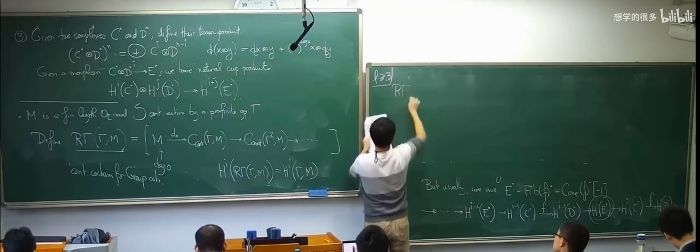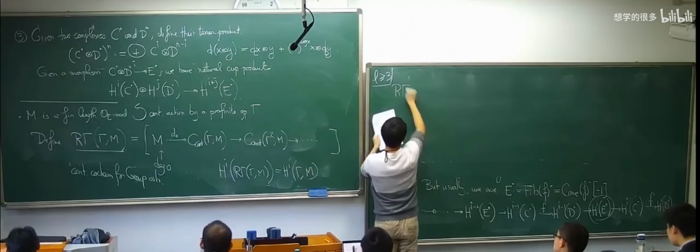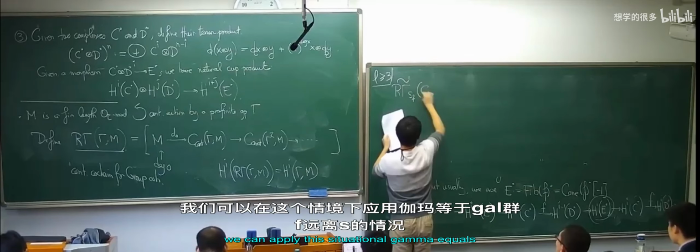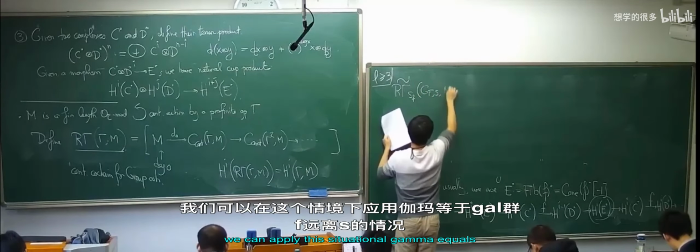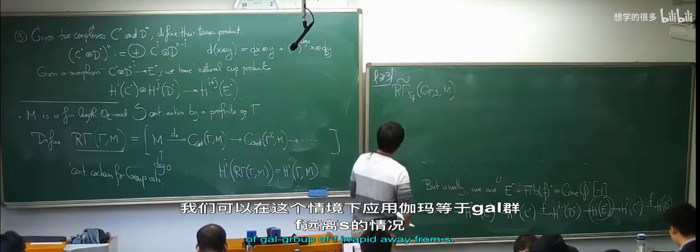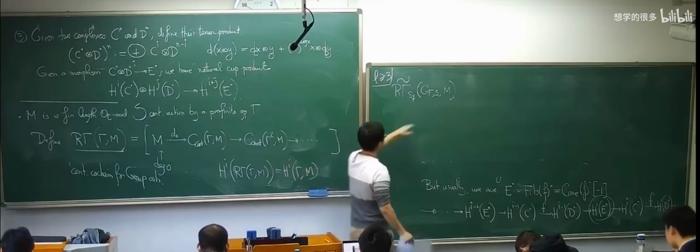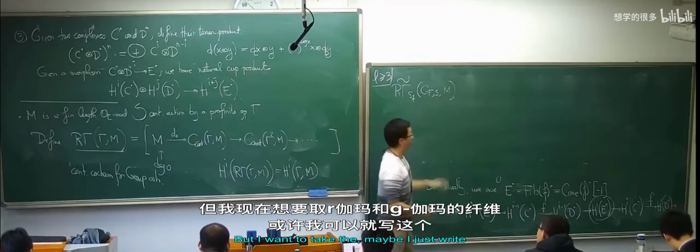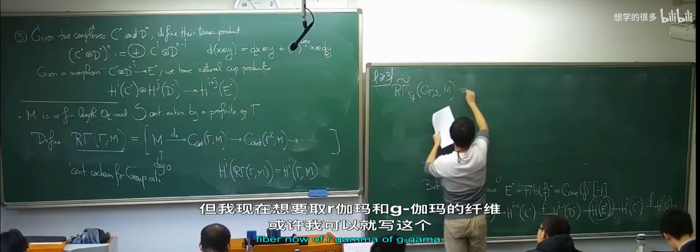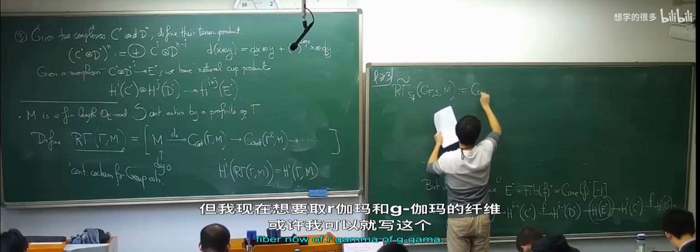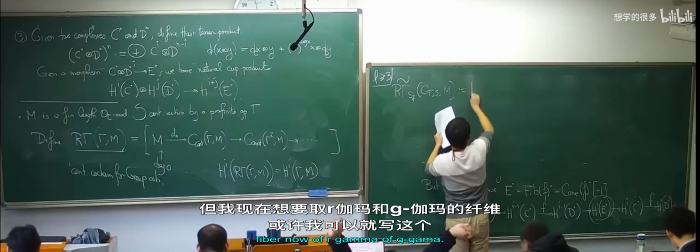We can apply this situation to Gamma equals the Galois group of F unramified away from S. But I want to take, maybe I just write the fiber now, of R Gamma of G_{F,S}.